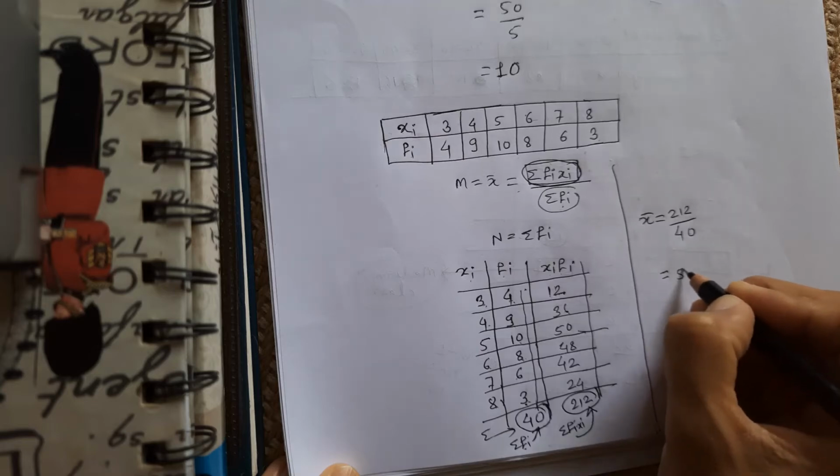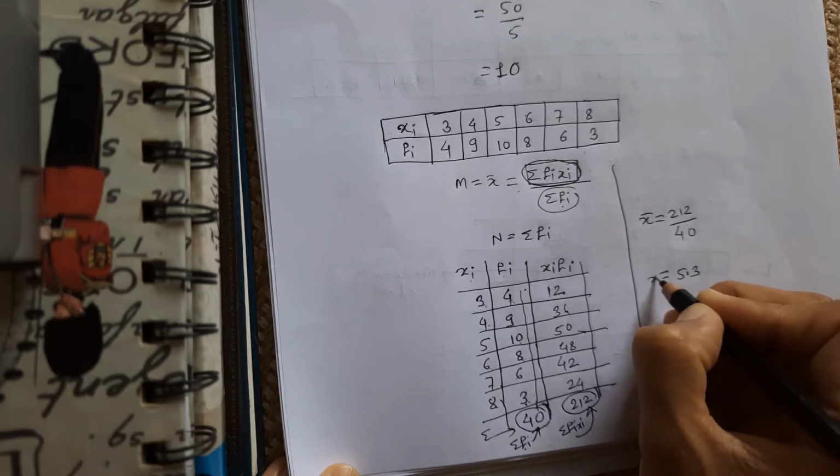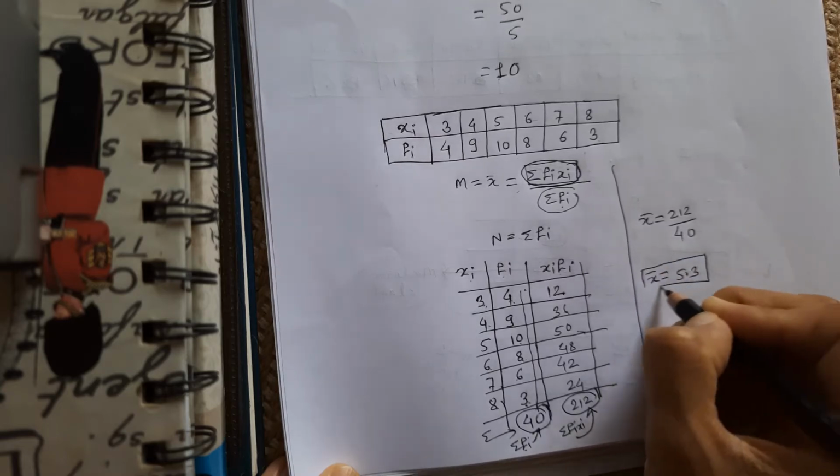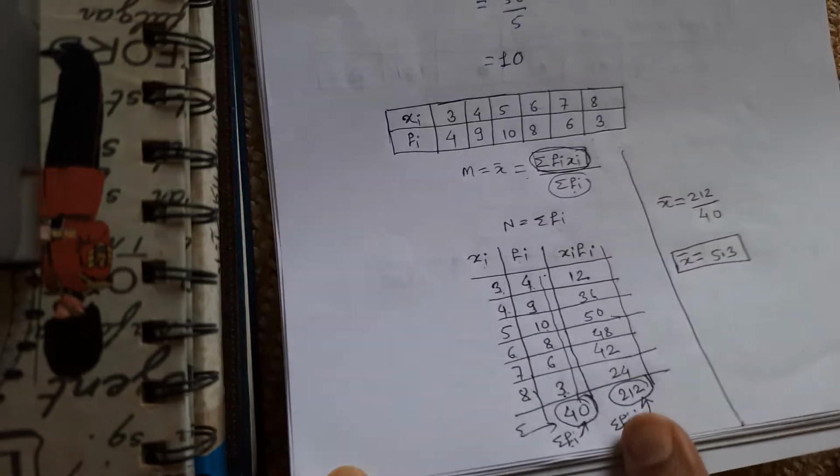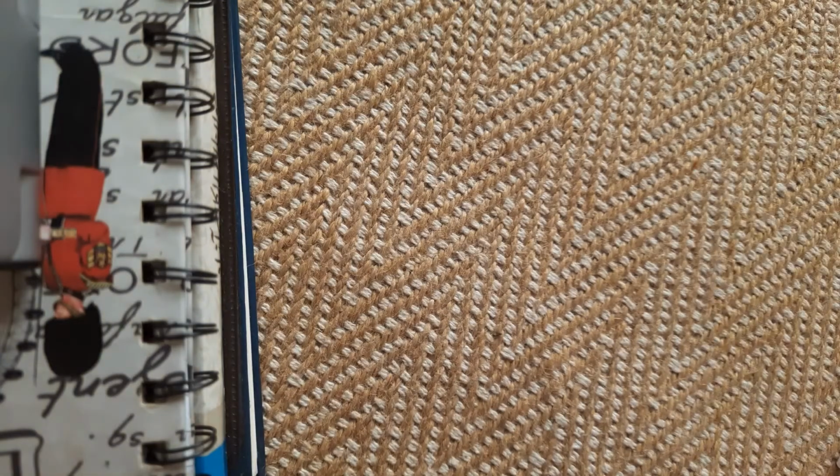I get 5.3. This is my x bar. That's how we calculate the mean for ungrouped data with frequency.